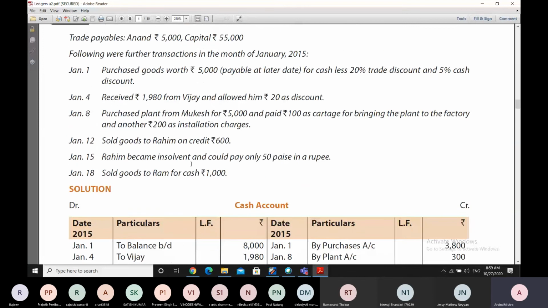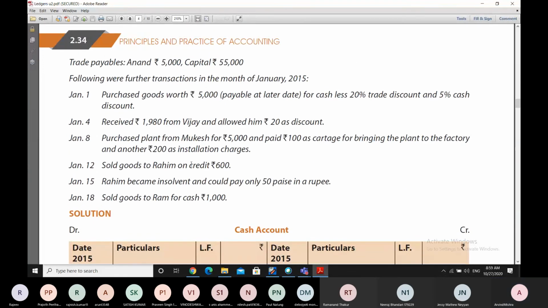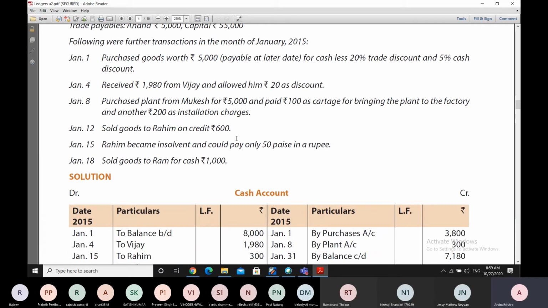Now let's move on to goods sold to Rahim on credit, 600 rupees. Now when we sell goods to Rahim, we have to decide which accounts are going to be affected by this. Obviously, the sale account would be affected and Rahim's account would be affected. So let us see.